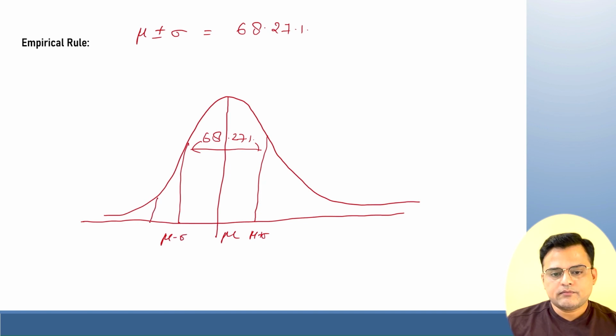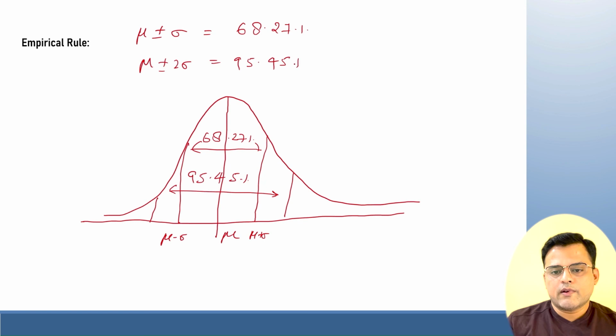And 95.45% of values will lie within two standard deviations, so mu plus minus 2 sigma is equal to 95.45%, between mu minus 2 sigma and mu plus 2 sigma.